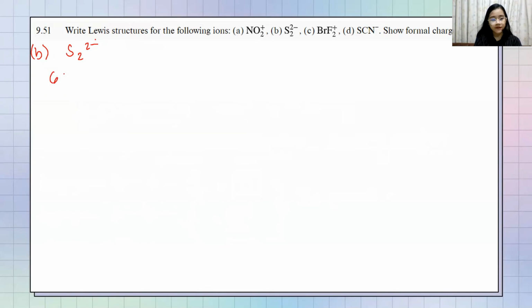Sulfur has 6 valence electrons times 2 because we have 2 here. Then since we have a negative charge here, negative charge means it gains electrons, so plus 2. So a total of 14 valence electrons.